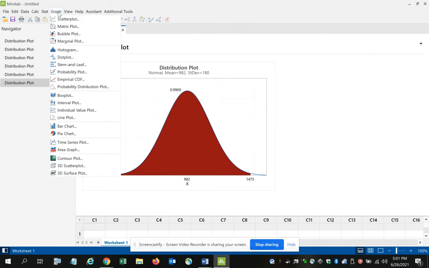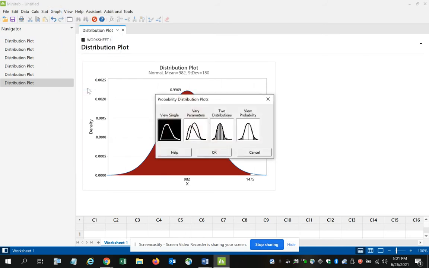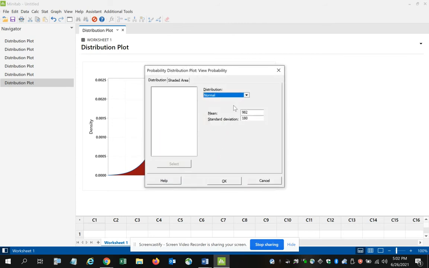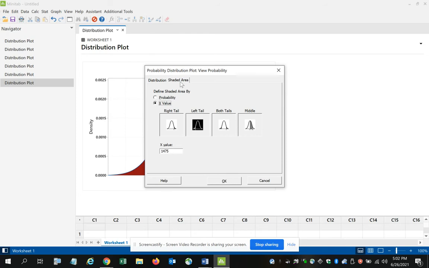Graph, probability distribution plot, arrow to the right, view probability, click OK. It is a normal distribution with a mean of 982 and a standard deviation of 180. The shaded area is defined by the X value, but this time I want the middle.